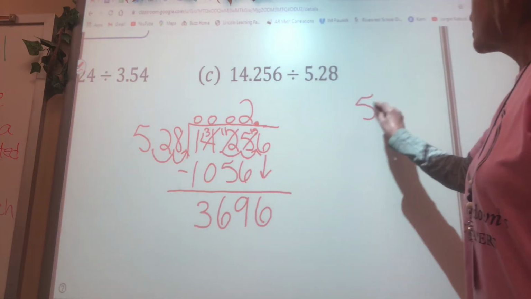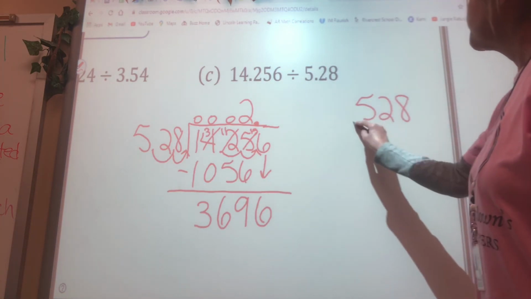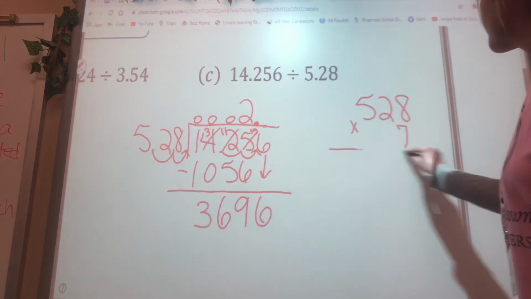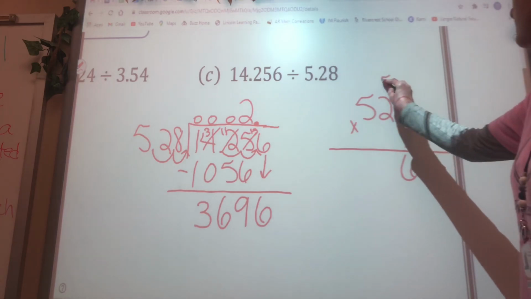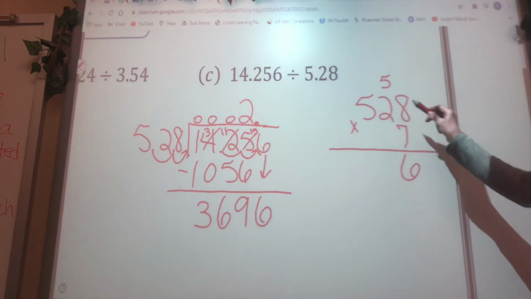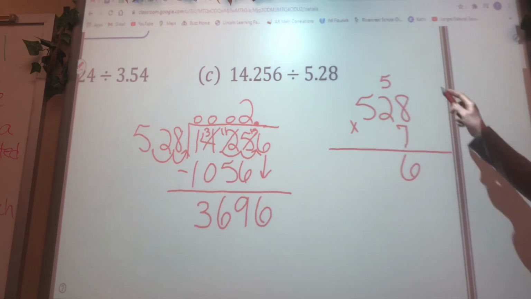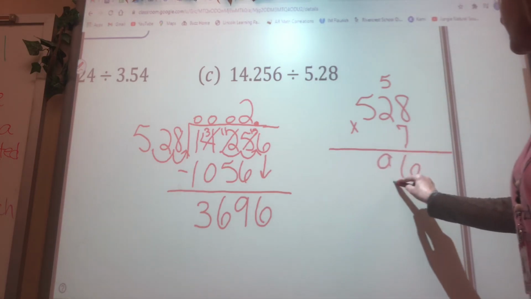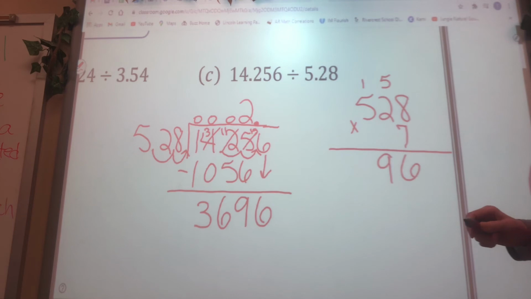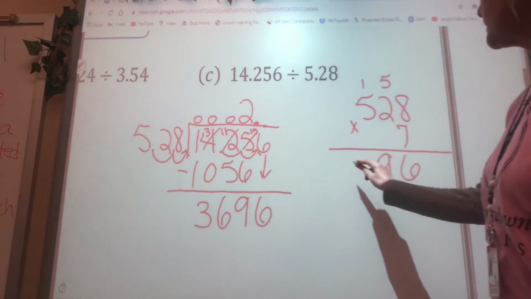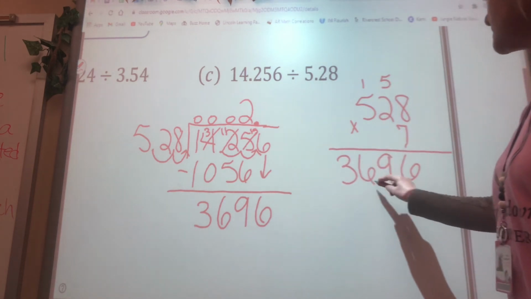So I'm going to start out by trying a 7. 7 times 8 is 56, carry the 5. 7 times 2 is 14, plus the 5 I carried is 19, carry the 1. 7 times 5 is 35, plus the 1 that I carried is 36.